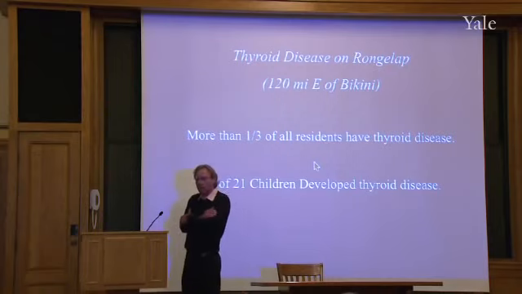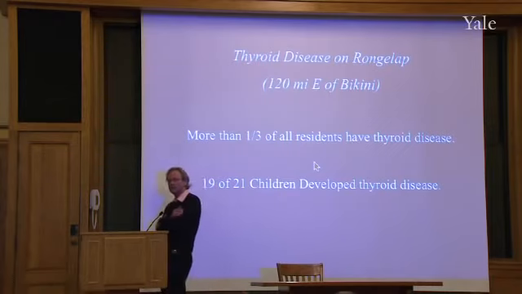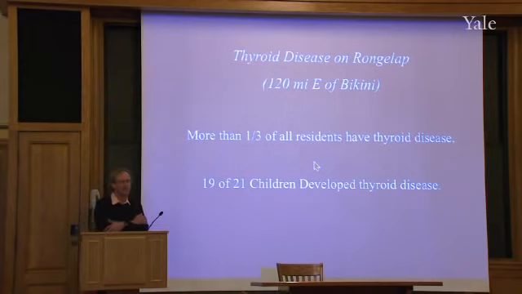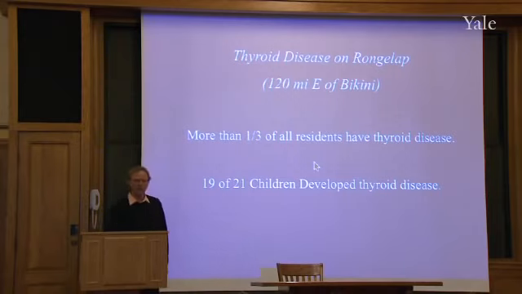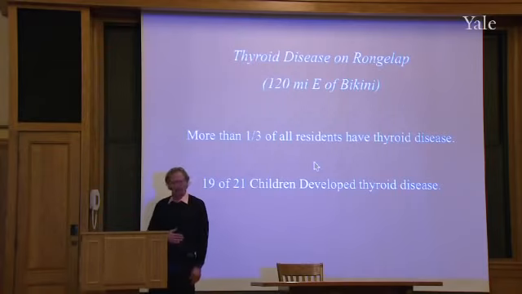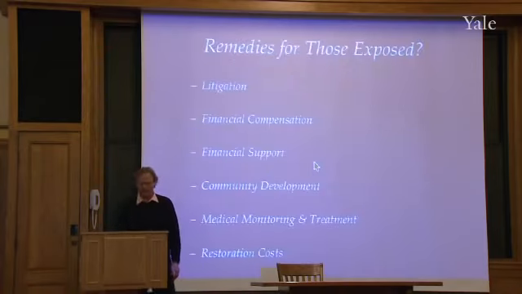And it didn't take long before they realized that something was terribly awry, and their skin started to burn. They became nauseous and vomited because of their radiation poisoning. Then they lost their hair. So the combination of exposure to strontium that lodges in the bone and to the iodine-131 that lodges in the thyroid eventually led to this thyroid disease.